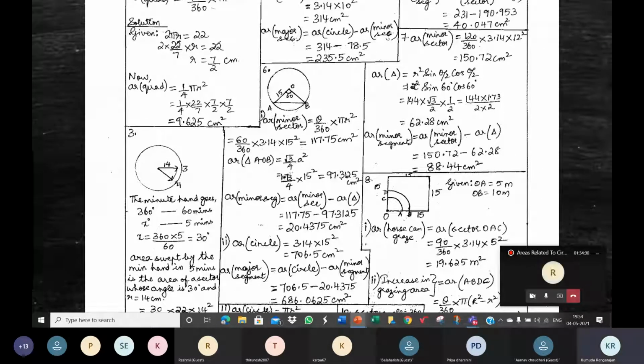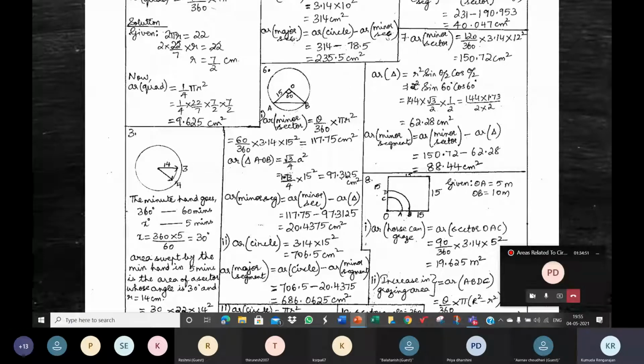See the 7th answer alone. I told you that sine theta by 2 cos theta by 2. Just remember that formula, root 3 by 4 into r square.